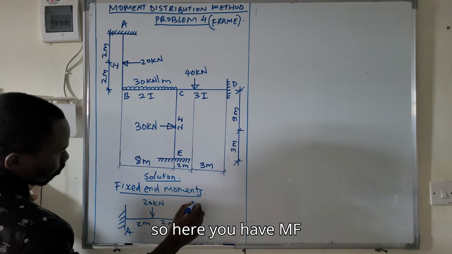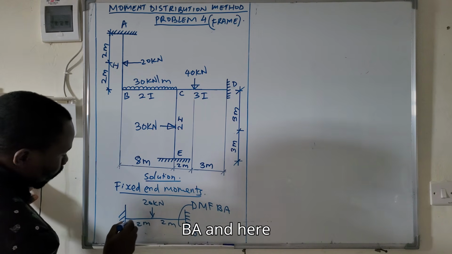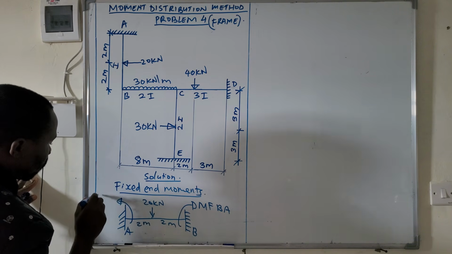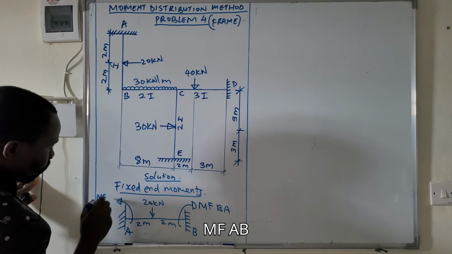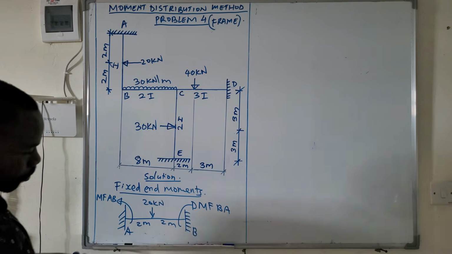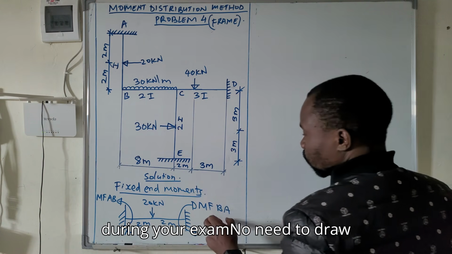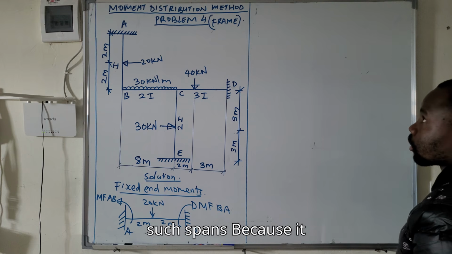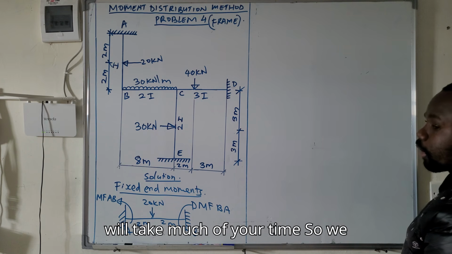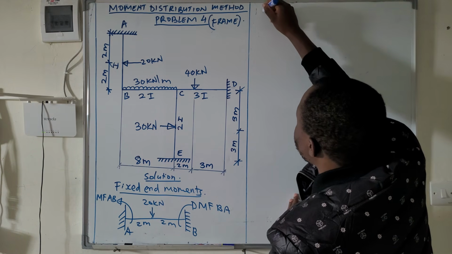So here we have MFBA, and here MFAB, like that. During your exam, no need to draw such spans because it will take much of your time. So we start calculating our fixed end moment, MFAB.